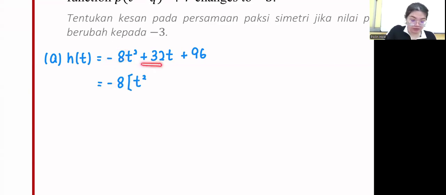This one, plus 32, you divide by negative 8, you get minus 4. Plus 96, you divide by negative 8, you get minus 12. Okay? And you start your completing the square, and at the same time, you may sketch the graph. How long do you need? 5 minutes? Okay? Start.